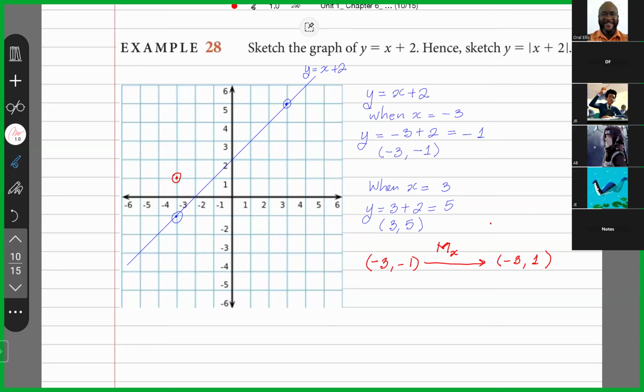All right, then starting at the x-axis, I'm going to draw a straight line through that point. Let's hope I don't have any technical issues.